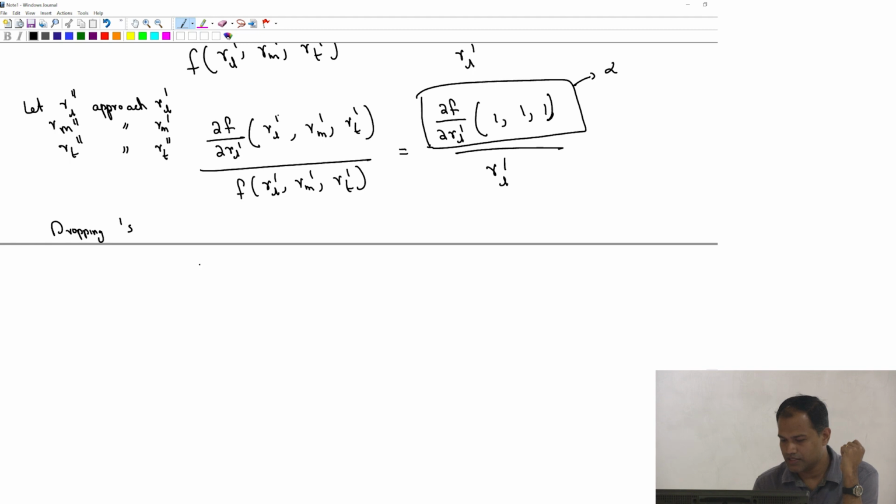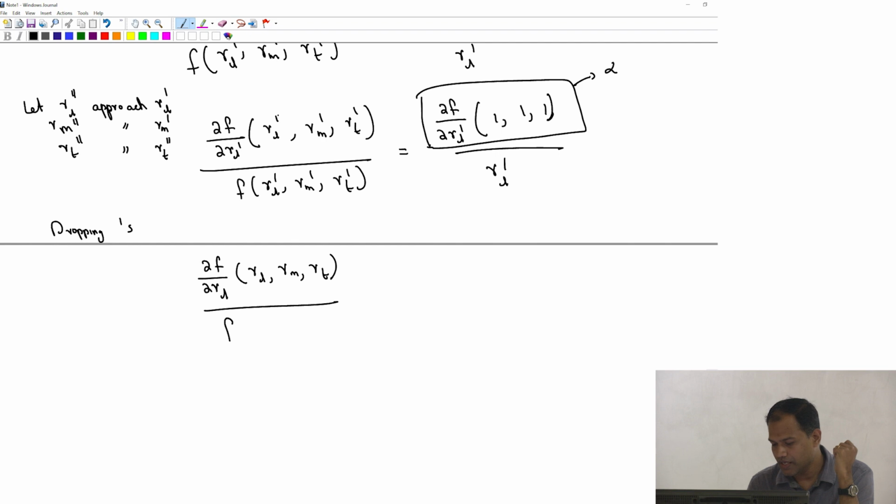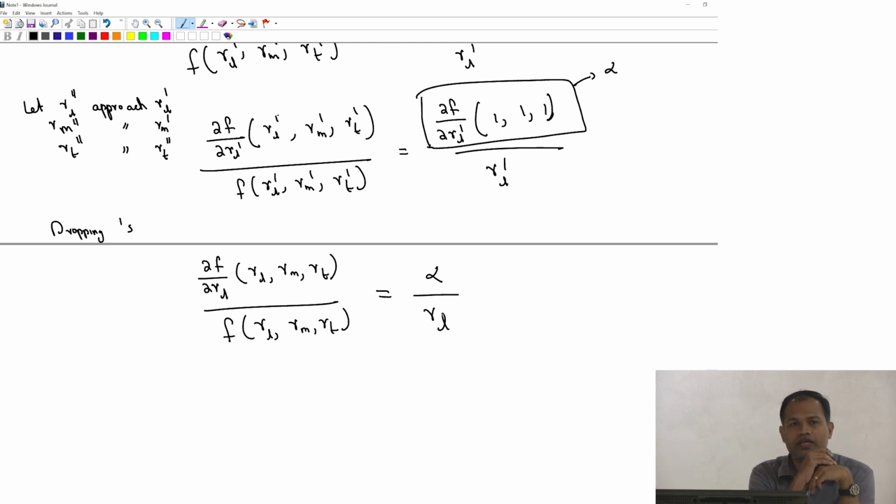I'll just write it as dou f by dou RL of a function of RL, Rm, Rt divided by f of RL, Rm, Rt is equal to alpha by RL. That's what we ended up with.